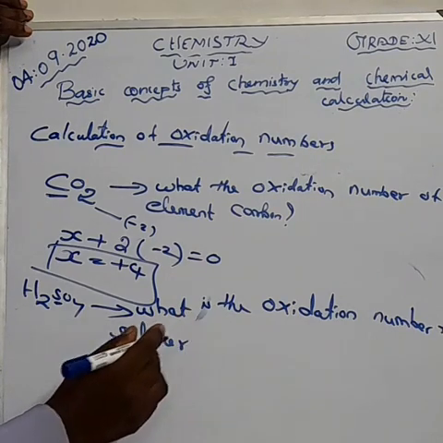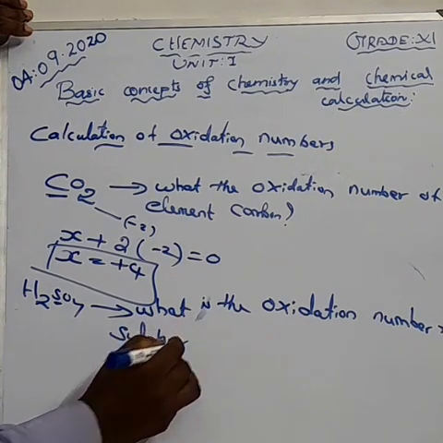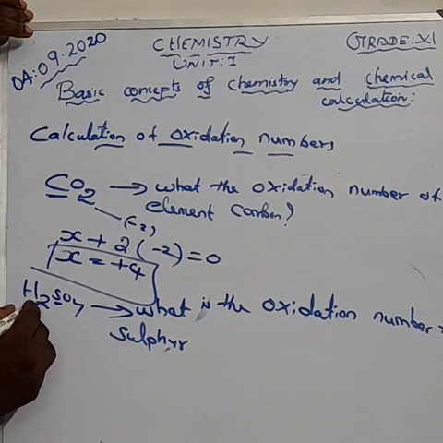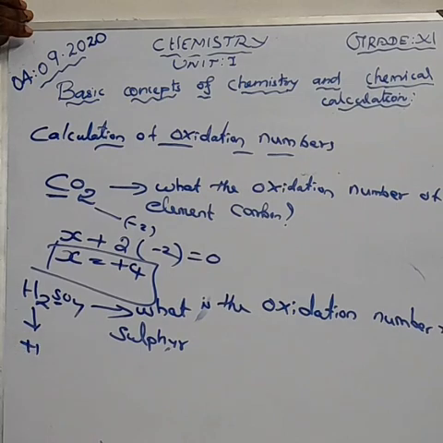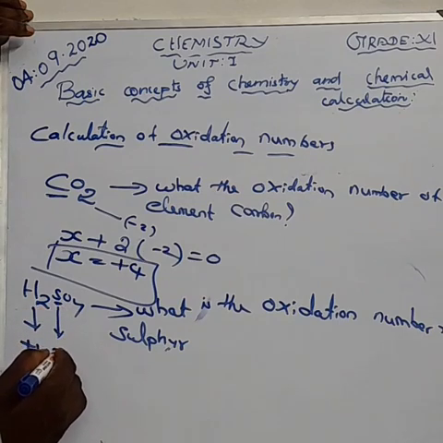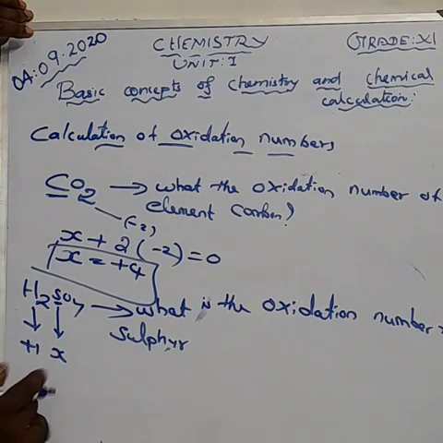This is the question. All of you know that hydrogen's oxidation number is +1. Hydrogen is +1. Sulfur is taken as X, since you want to find out sulfur.